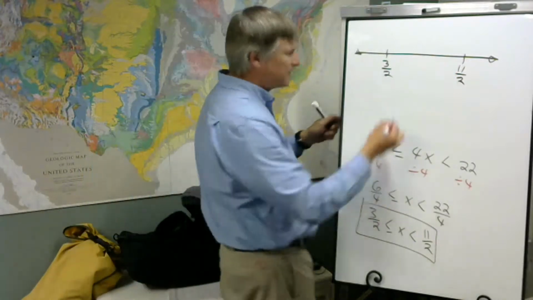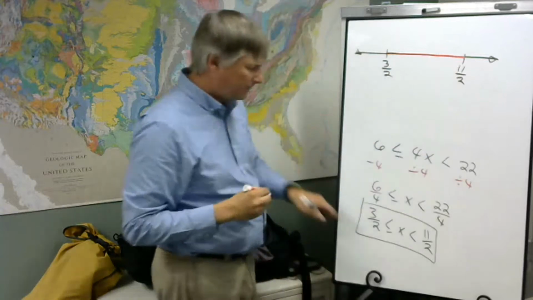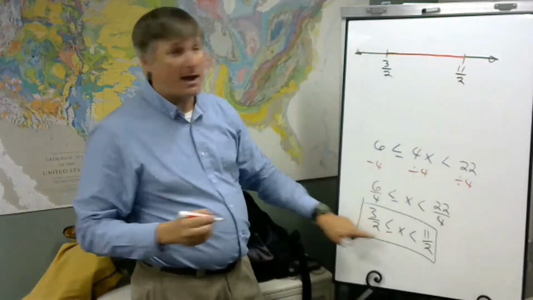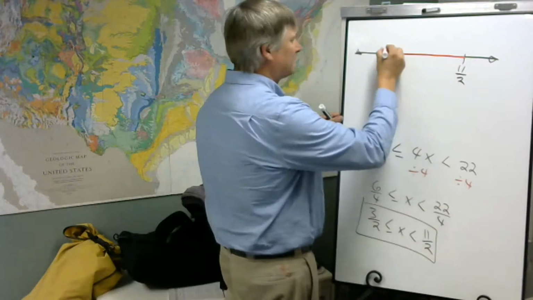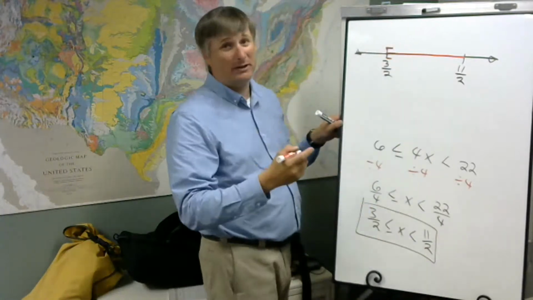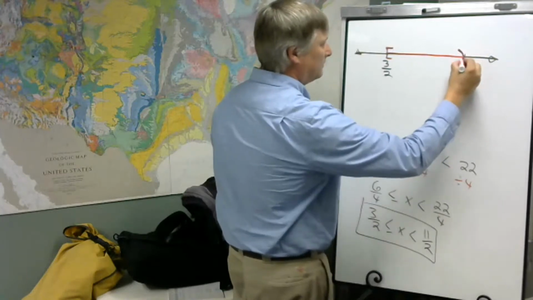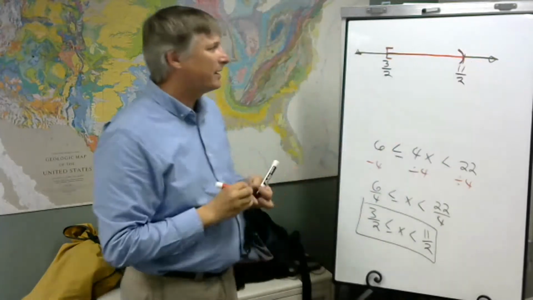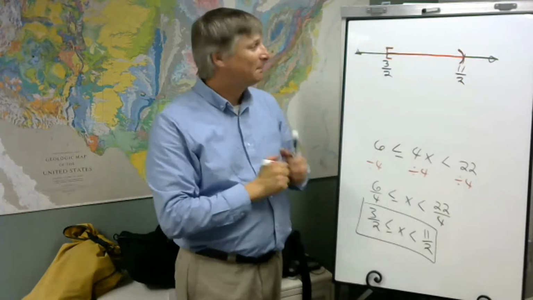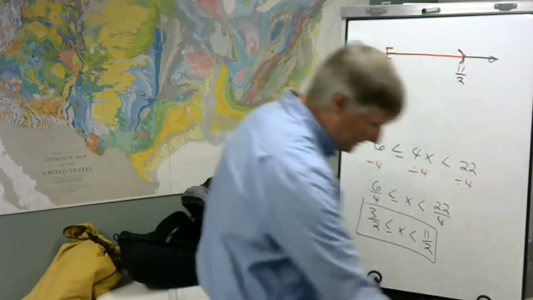So we want the numbers between 3/2 and 11/2. But we get to include 3/2, and we exclude 11/2. We don't quite get to 11/2. And that would be our answer on an interval. All right.